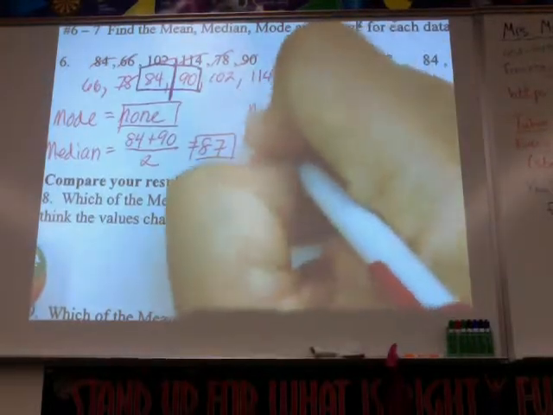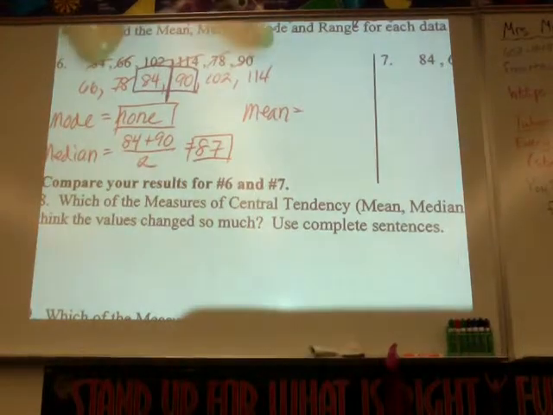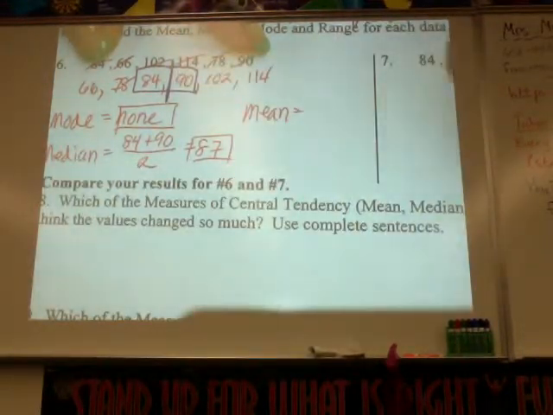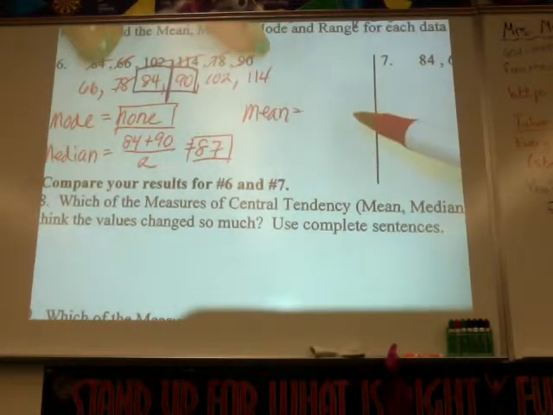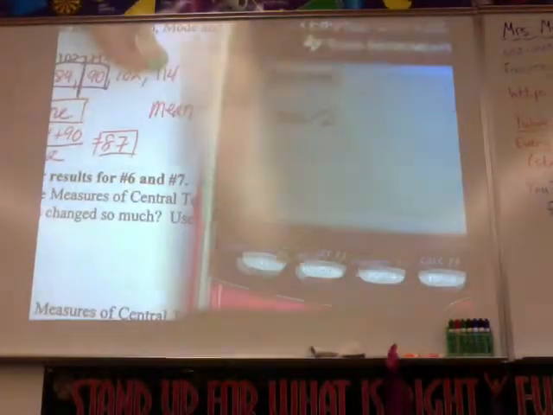And then our mean, I expect you to add up the numbers and tell me what's in your numerator. I want to know what you're putting into your calculator. So I don't expect you to write them all out because that could be really long for some of these, but I want to know what the sum is. So I'm going to add these numbers together.